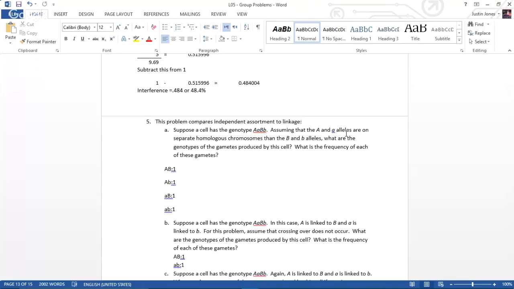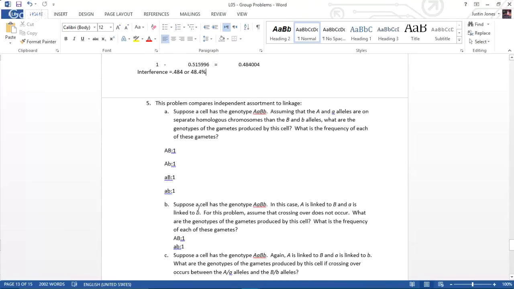And what is the frequency? Well, this is just classic Mendelian genetics. So we could get either way. So we can get A with big B or little b, and then small a with big B or little b. So 4 ways, they're all going to be totally even. So capital, capital, capital, lower, lower, capital, lower, lower, all 1 to 1 to 1 to 1.